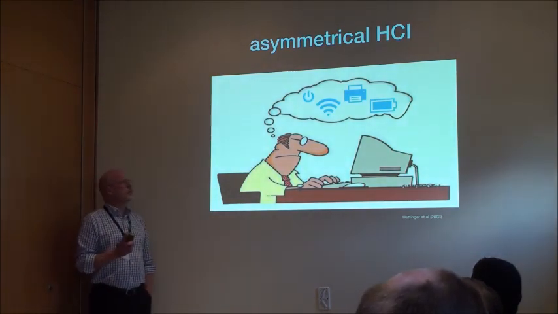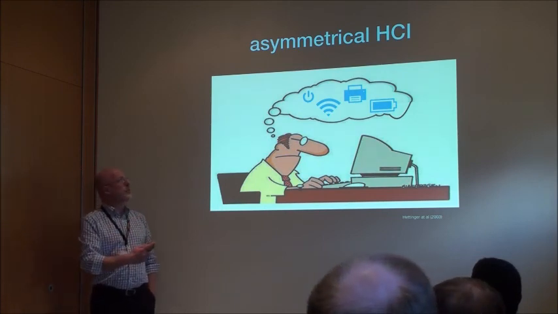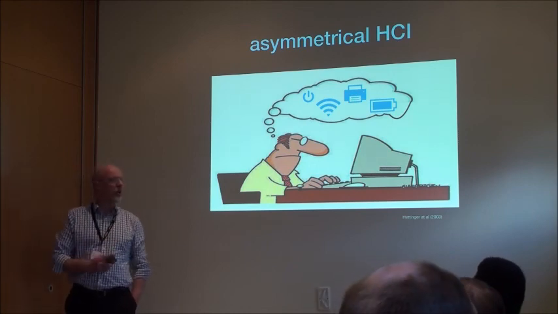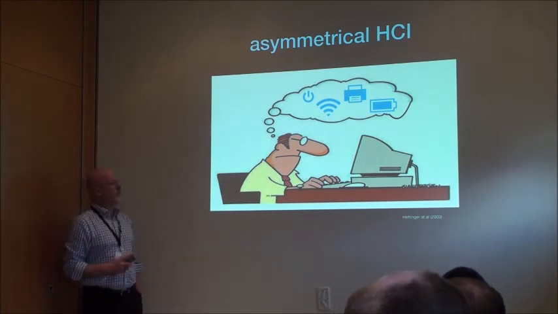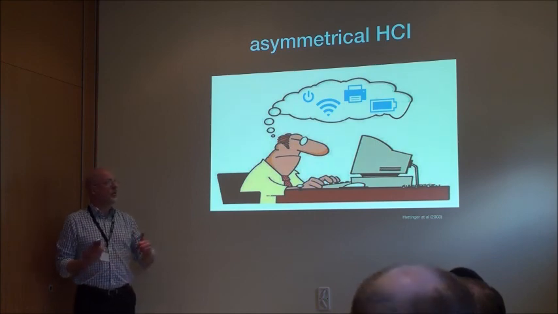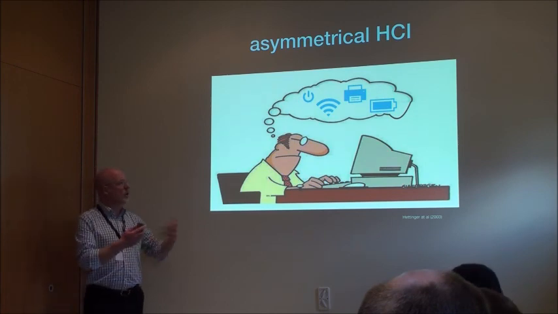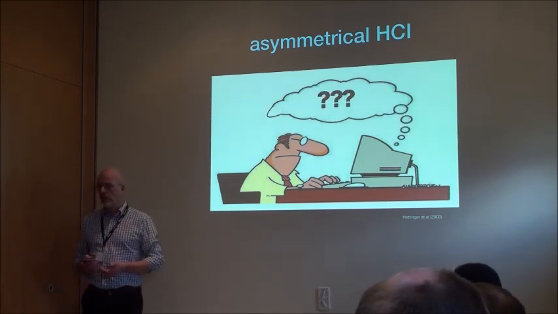Hettinger and other people have argued that the way in which we communicate with our computers at the moment is what they call asymmetrical human-computer interaction. What they mean is, as a user, I can interrogate lots of different things about my computer. I know how good the Wi-Fi signal is, how much battery power it has, what peripherals are connected. I know lots about my computer. But my computer knows nothing about me.